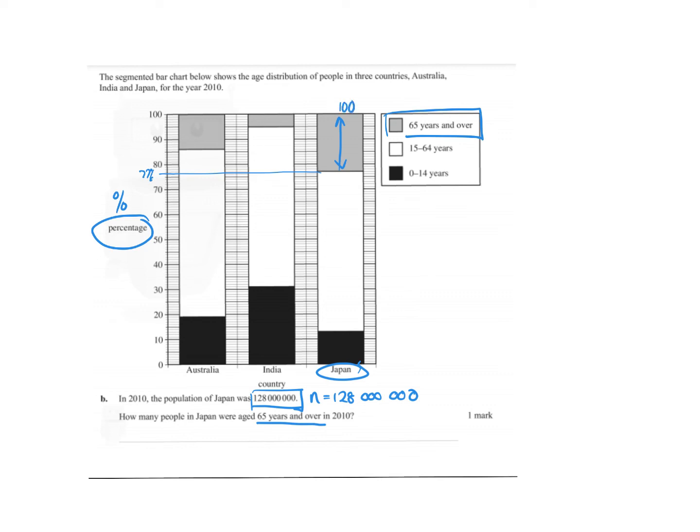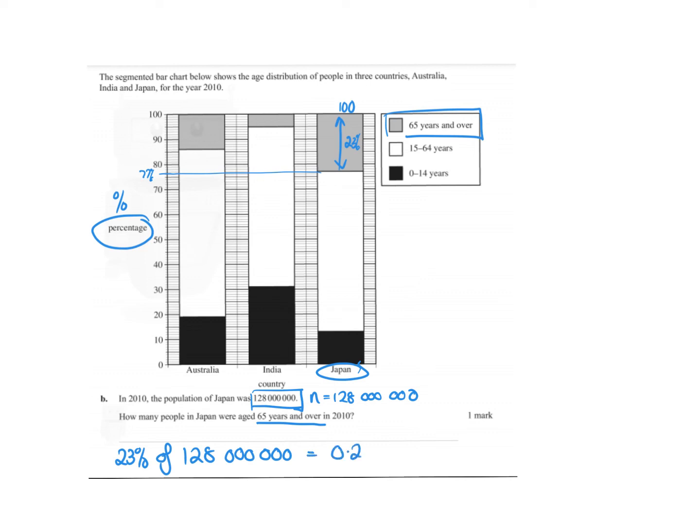So that means within here is 23%. So 23% of all the people in Japan, which was 128 million, were over 65.